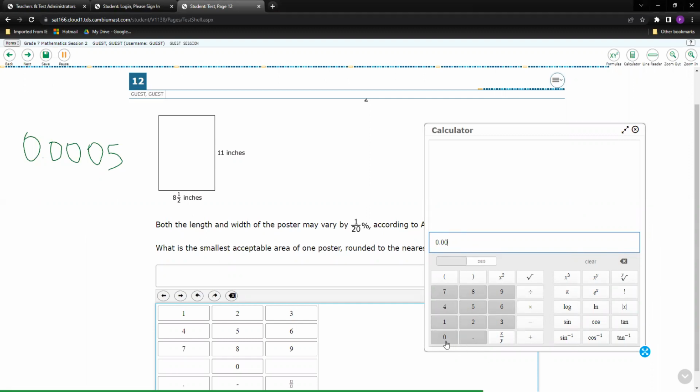Once again, two zeros and 4 to 5. Clear. So 8.5 minus that is 8.49575.